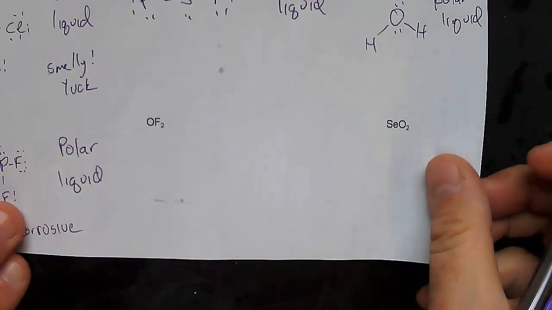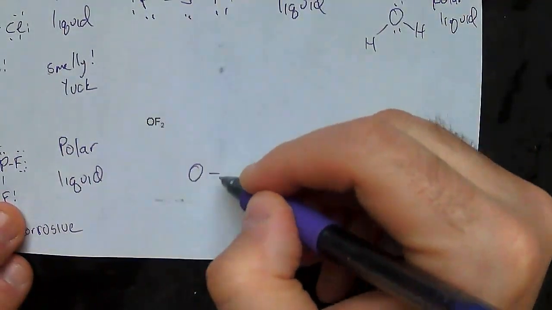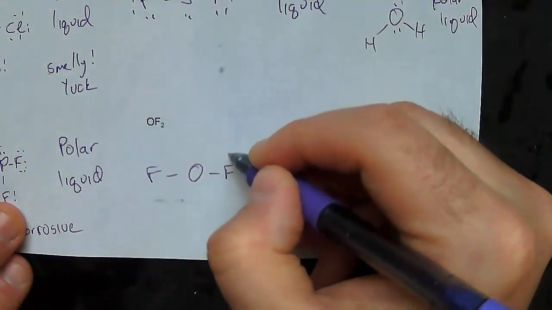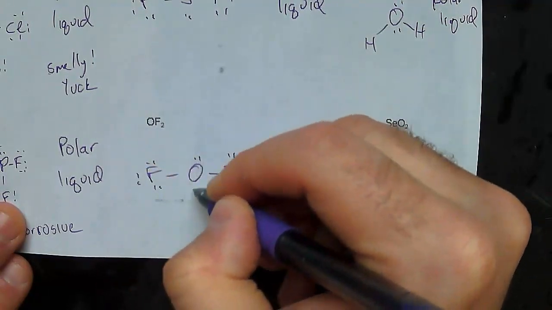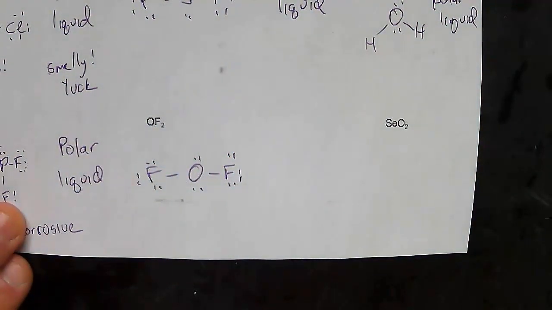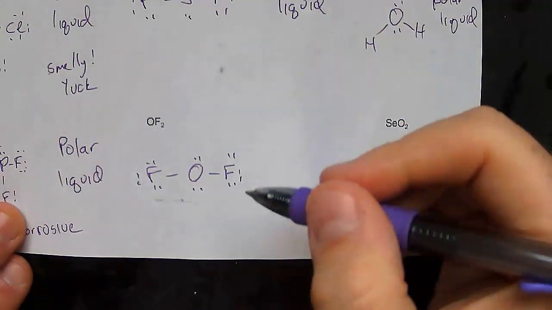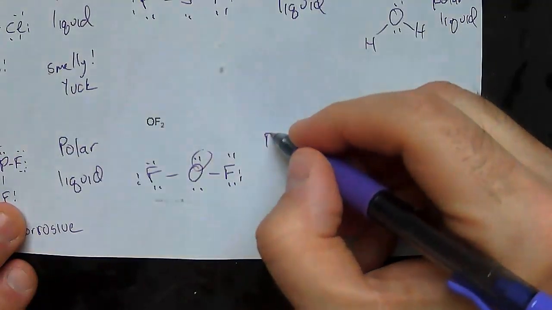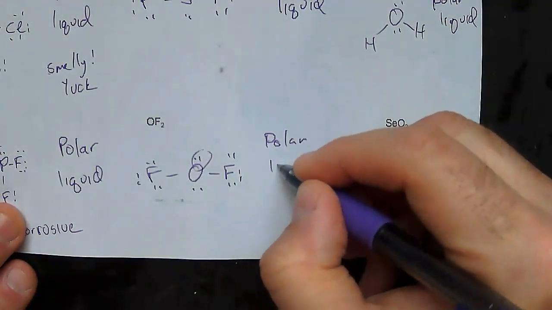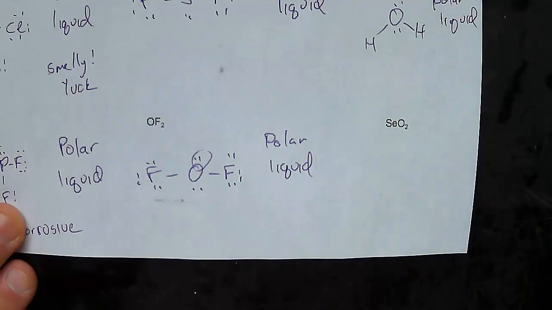Then we have OF2, O, F, F, put the dots around it. This thing has dots, so this is polar, and we would expect this to be a liquid.